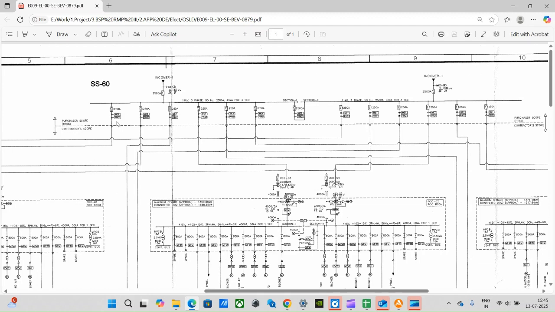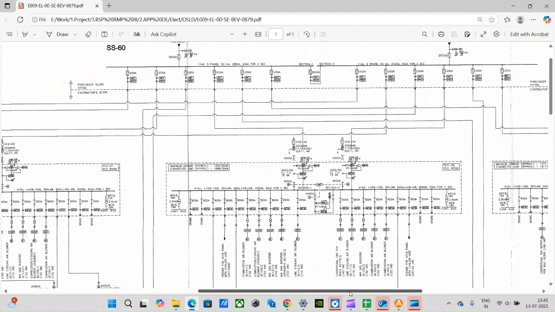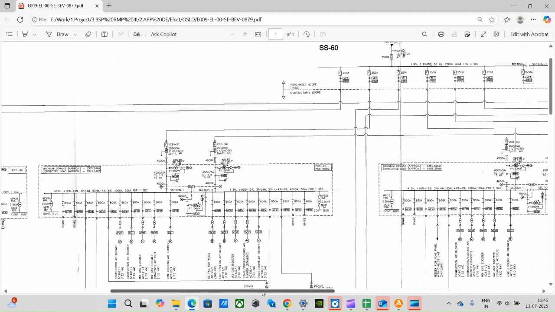Now what does it mean? There are six and six feeders, so there will be six PCCs. This is the HT board, and from that HT board the power is supplied to the PCC, Power Control Center. So there will be six PCCs.